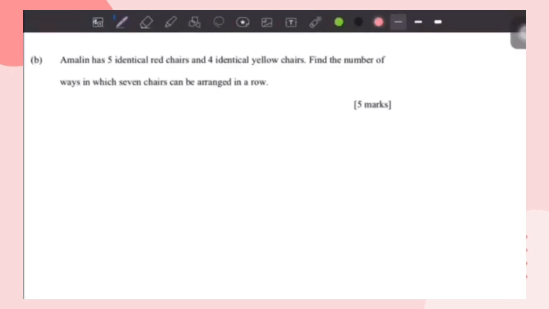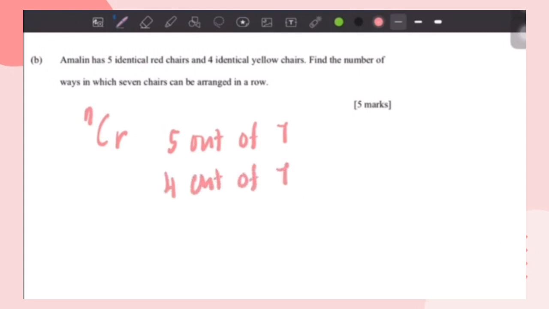For question 4b, Amaline has 5 identical red chairs and 4 identical yellow chairs. Find the number of ways in which 7 chairs can be arranged in a row. For this question, we will use the nCr formula, where we have 3 cases here. For the first case, we choose 5 out of 7. For the second case, we choose 4 out of 7.